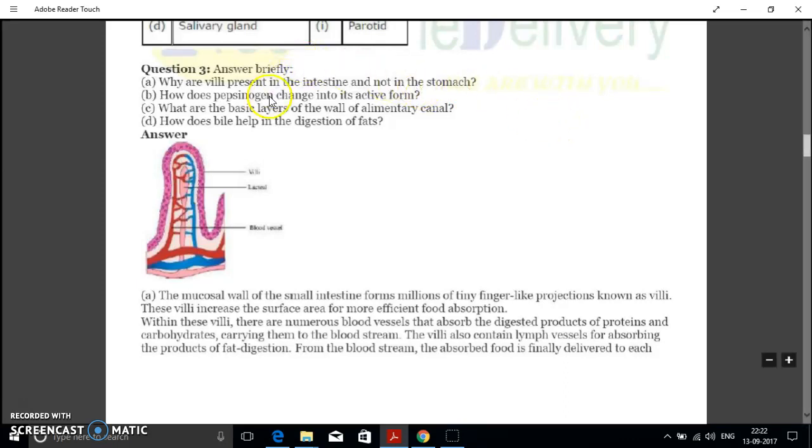So basically villi, what are villi? Villi are just tiny finger-like projections which are present in the intestine just to increase the surface area. Why to increase the surface area? So that we can have more efficient food absorption. If the surface area is large, we will get more area to absorb the nutrients, to absorb the food we ate in a better way.